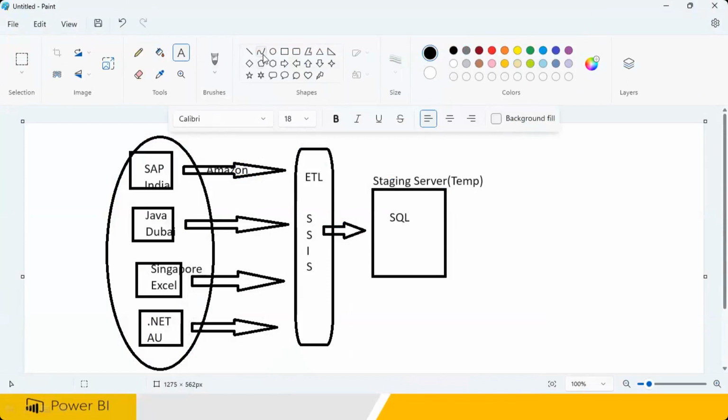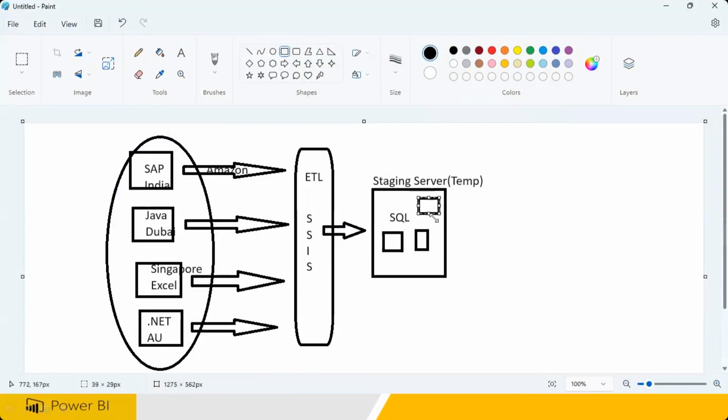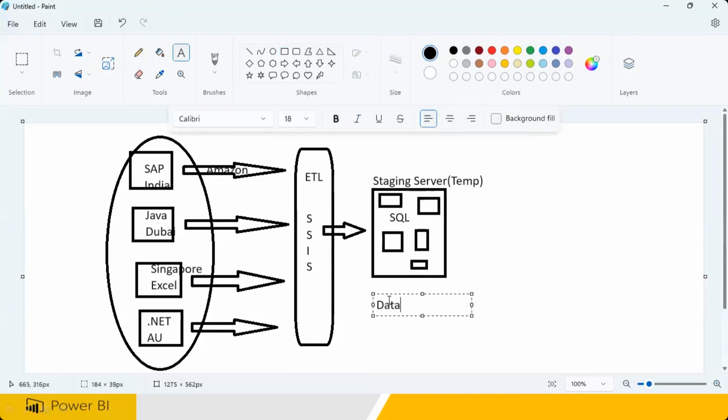So what we normally do, all the data we bring, we put in table format. All the tables we're going to create: sales table, product table, customer table, feedback tables. A lot of tables you're going to create. And after dumping here, what you normally do is perform the data cleansing activity.